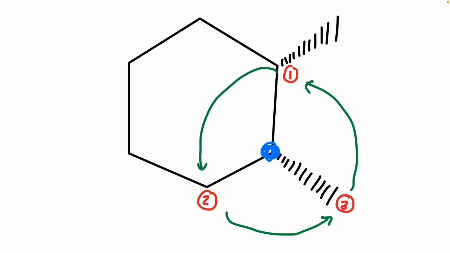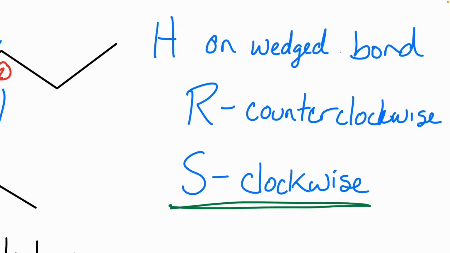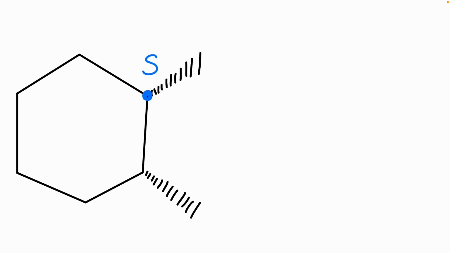This is counterclockwise. And what does counterclockwise mean in this situation? R, right? So again, because we have our hydrogen on a wedged bond, we've swapped our rules around: R is counterclockwise and S is clockwise. So one of these is S, the other one is R.